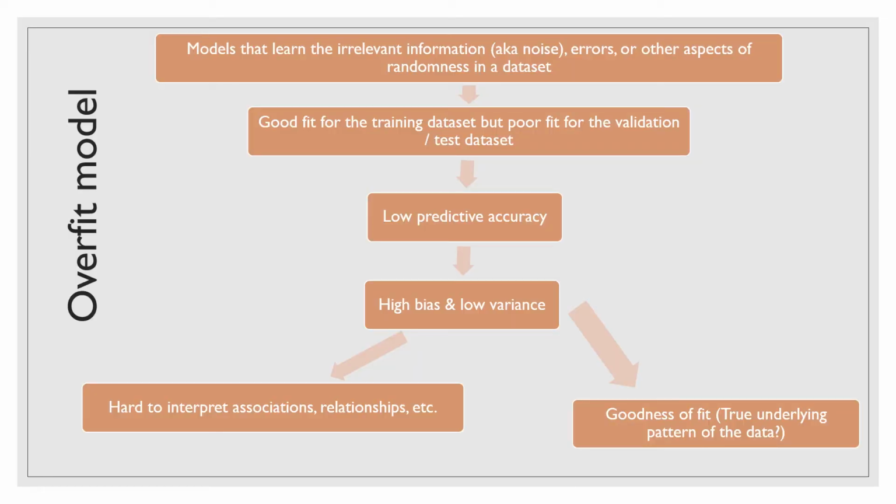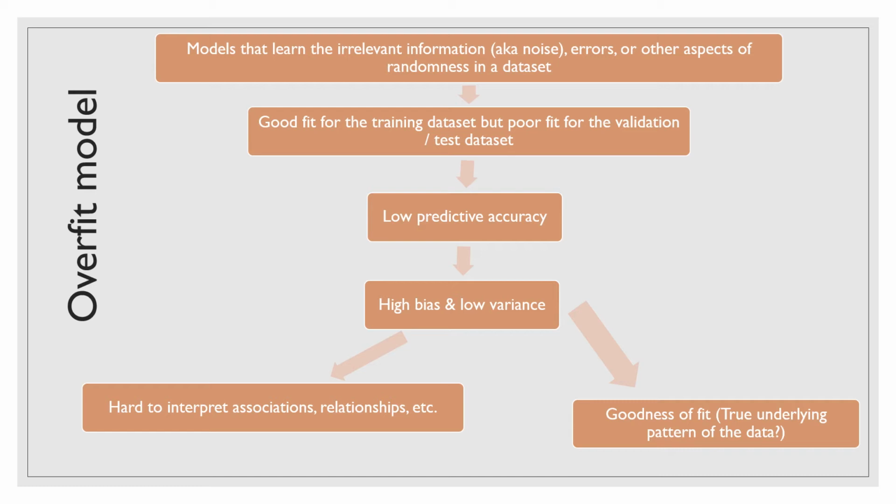And this is what we mean by an overfit model. An overfit model can happen when the model learns the irrelevant information, or the noise, or the errors, or other aspects of randomness in our dataset.